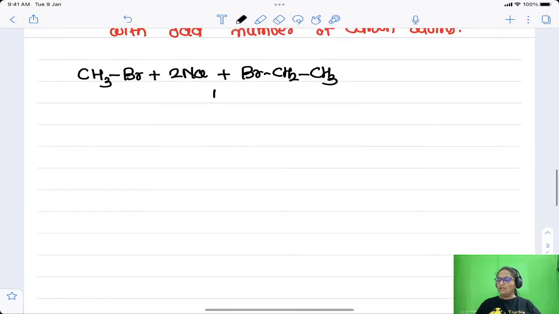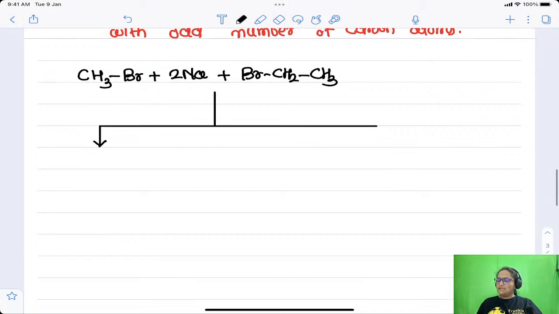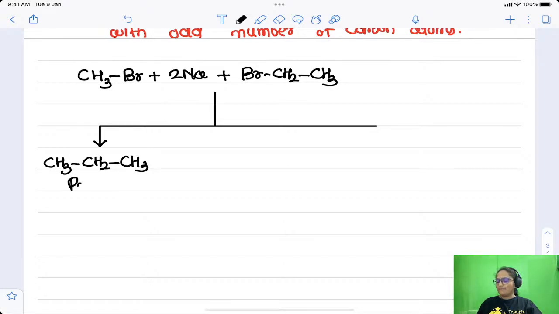But here we are getting different products. Let us see what happens. The desired product is obtained: CH3 combines with CH2CH3, and that is propane.